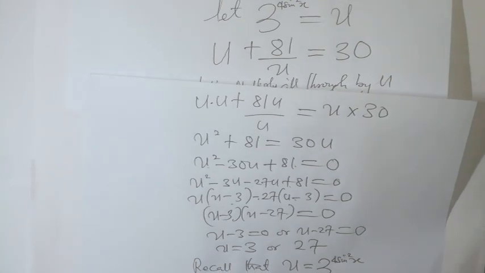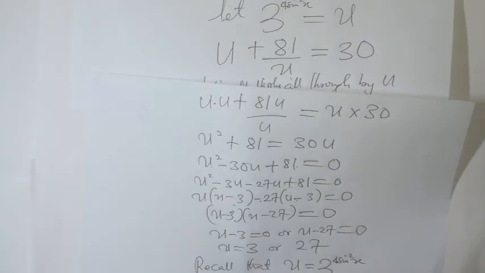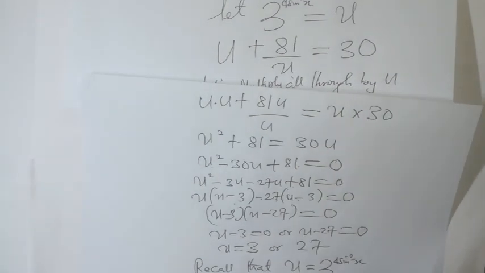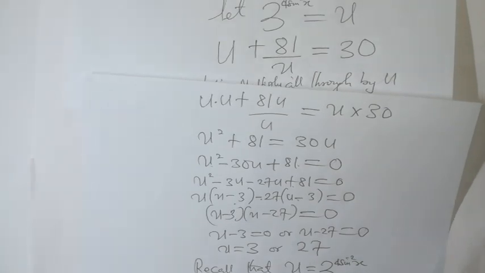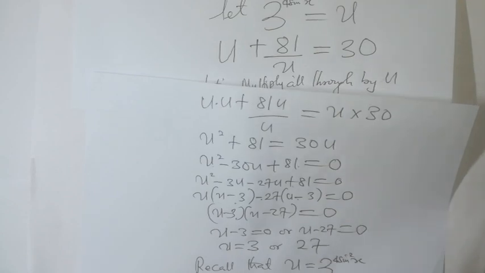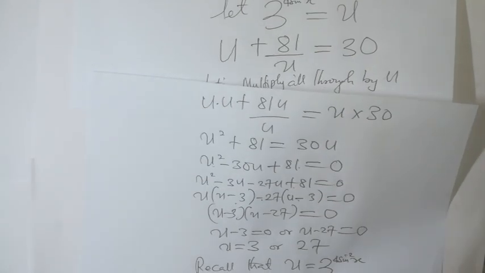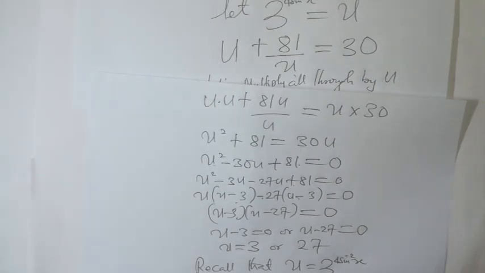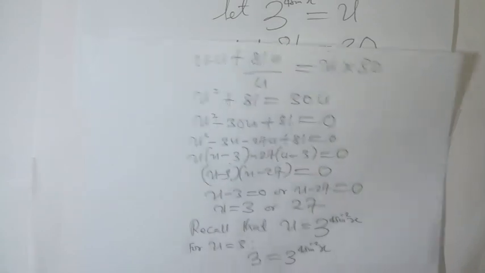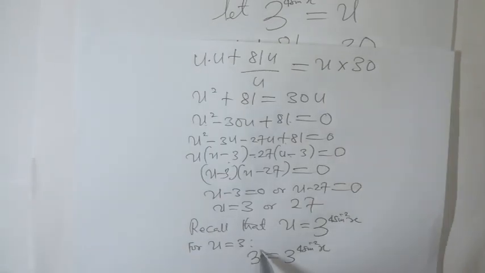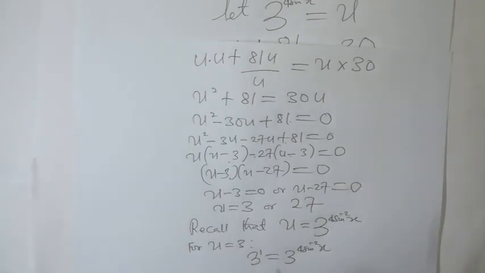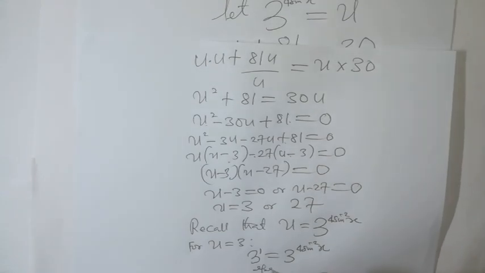So for u is equal to 3, what is going to be the value of x? So I'm going to substitute 3 here. So we now have 3 is equal to 3 to the power of 4 sine square x. You get it? So 3 is just like saying 3 to the power of 1. So we can equate the powers.